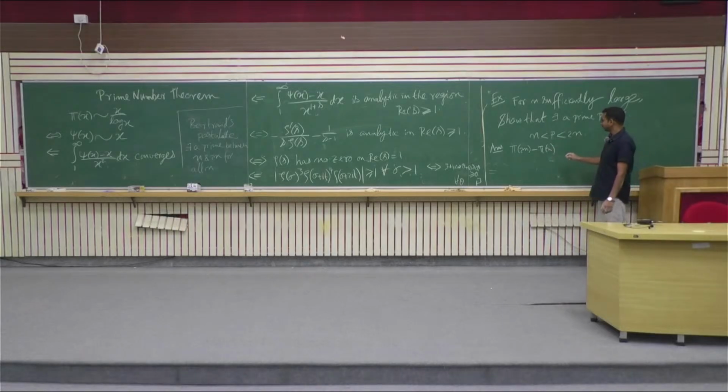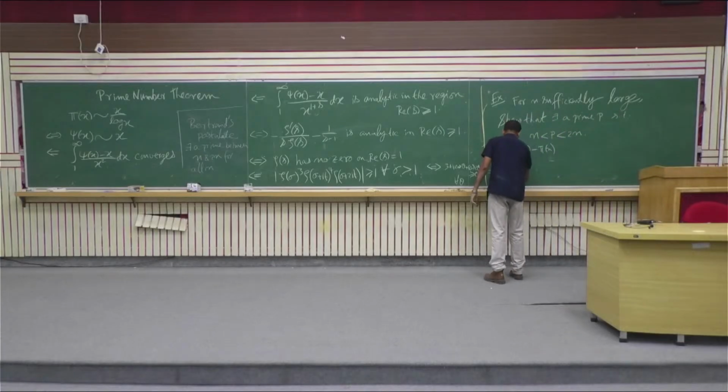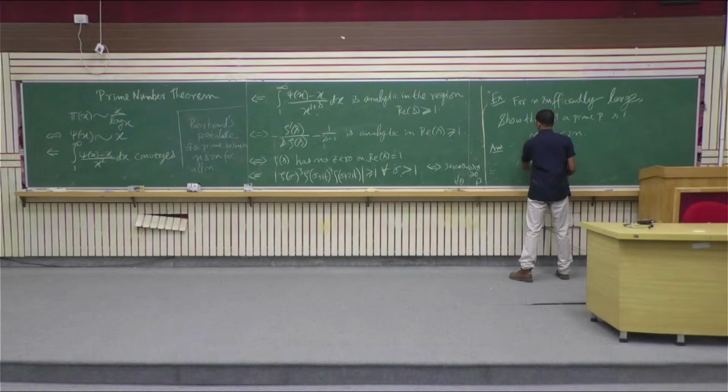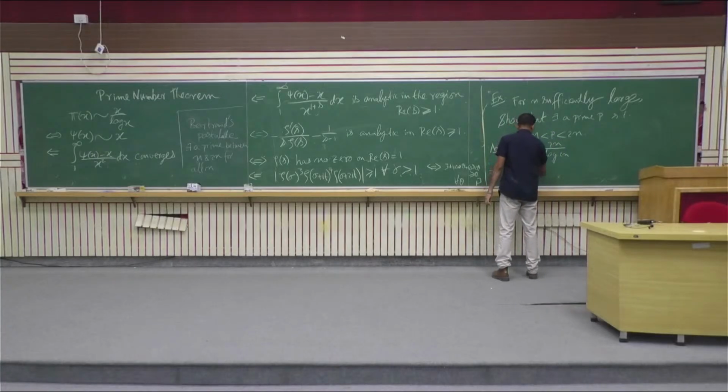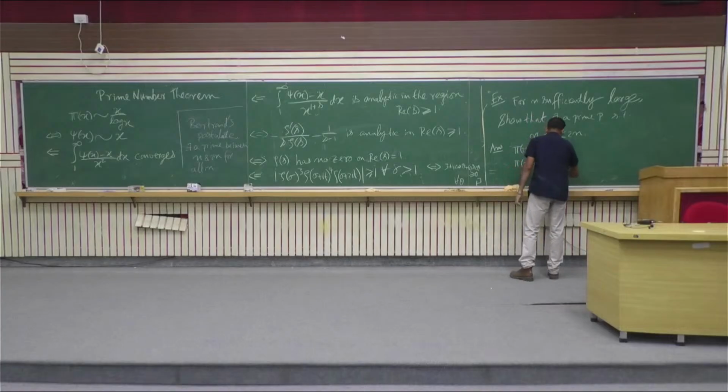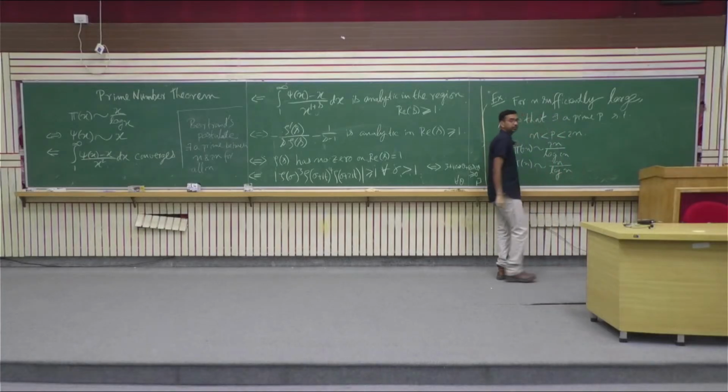So pi of 2n is asymptotic to 2n by log 2n, and pi of n is asymptotic to n by log n, right?